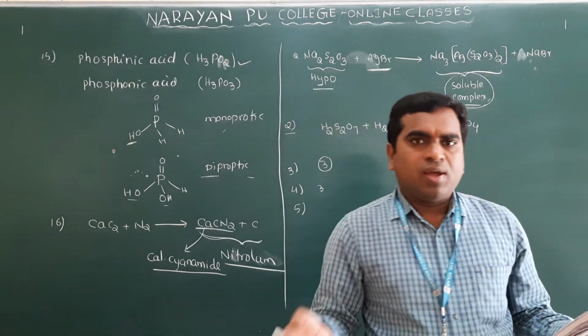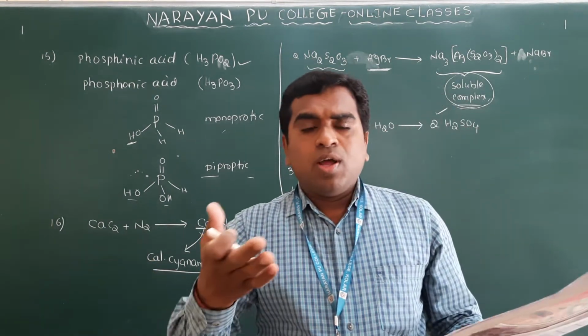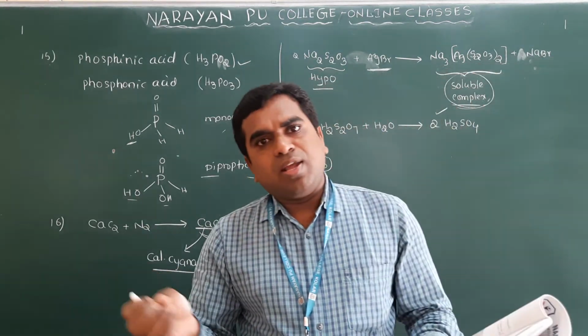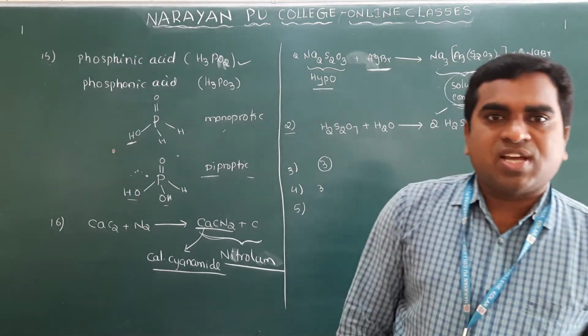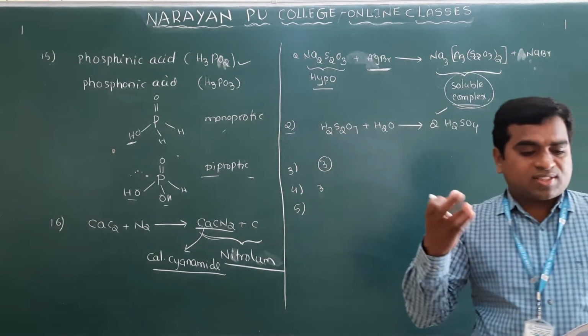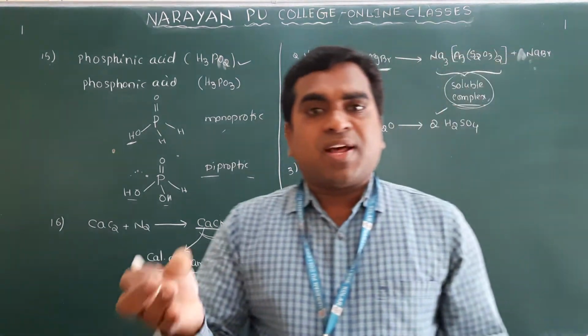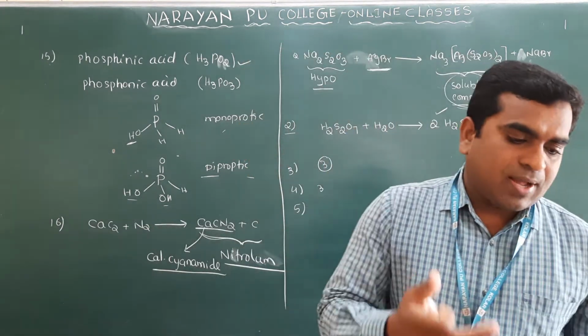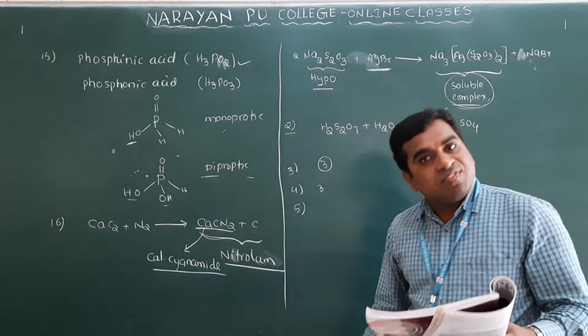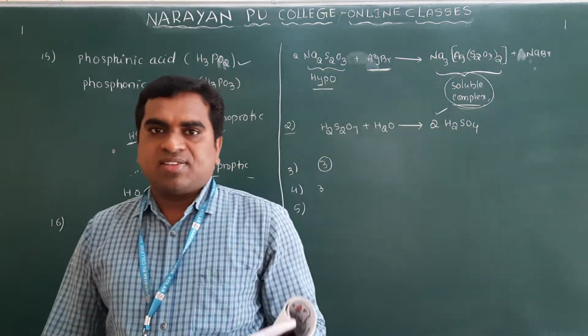We have to supply energy. But phosphorus is highly reactive with oxygen, and sulfur also easily reacts with oxygen, giving sulfur dioxide. Sodium, phosphorus and sulfur easily react with oxygen. But chlorine won't react easily. It will react, but drastic conditions are required.